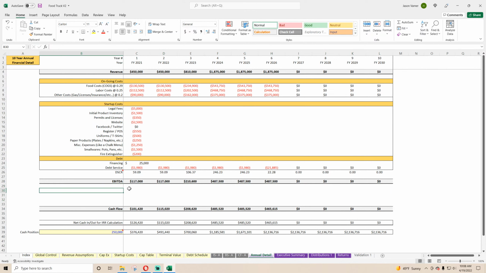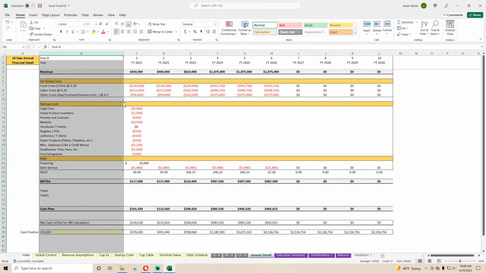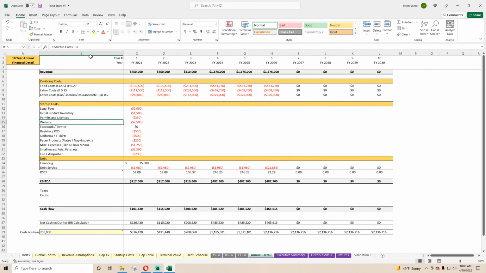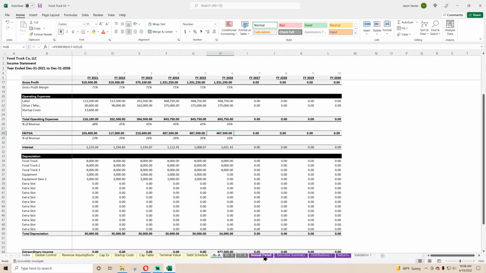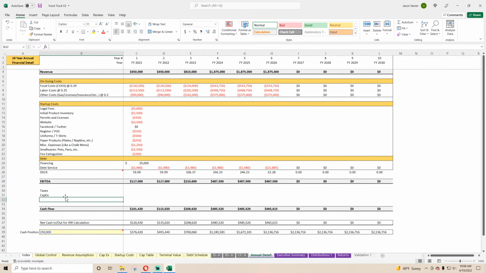So EBITDA, let's add in taxes, CapEx, exit proceeds. Now I believe, is that everything?